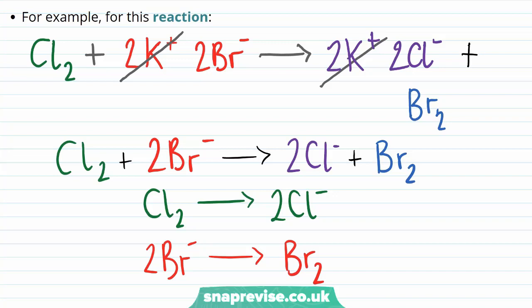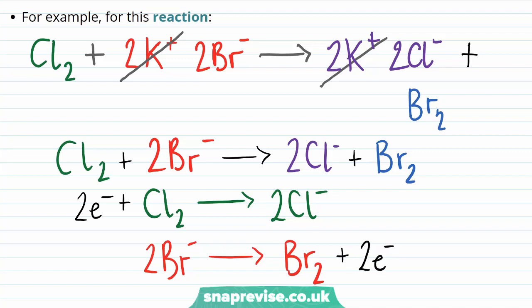For example, in order for a chlorine molecule, which has an overall neutral charge, to form 2 negatively charged chloride anions, this chlorine molecule must have gained 2 electrons, because these each have a 1 negative charge. Similarly, in order for 2 bromide anions to form a neutrally charged bromine molecule, each of these anions must have lost an electron, forming a bromine molecule and also 2 electrons.